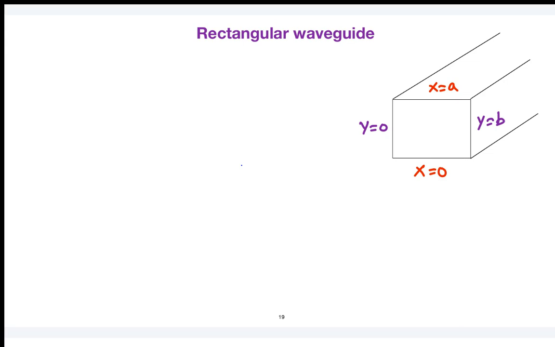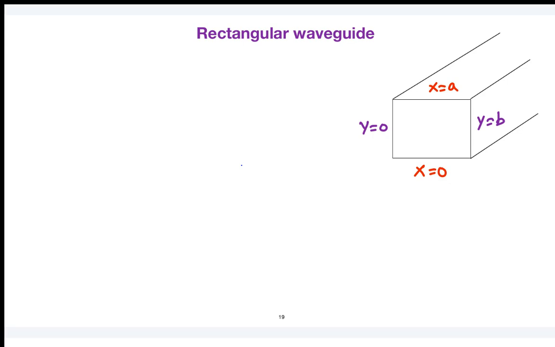The modification in the rectangular waveguide is introducing another set of plates at y equal to 0 and y equal to b. Assume that the wave is propagating along the axis of the rectangular waveguide, so there is no change in the direction of propagation. It is propagating along the z direction.